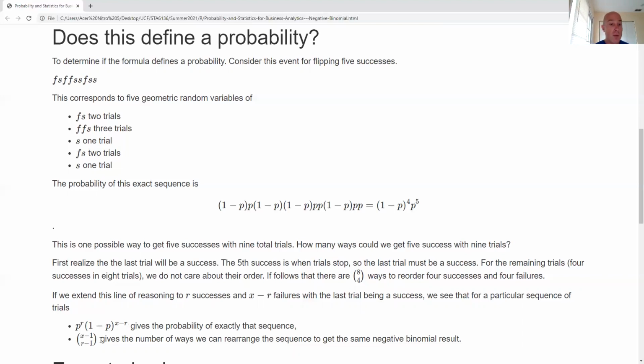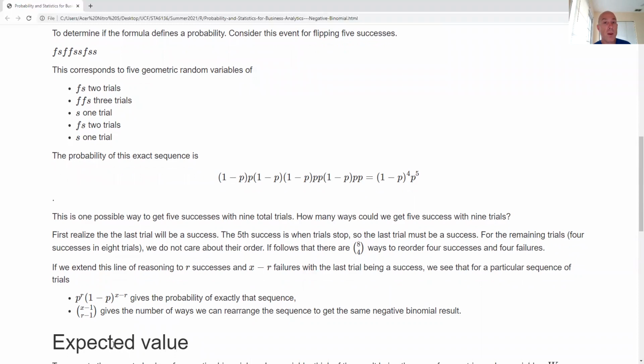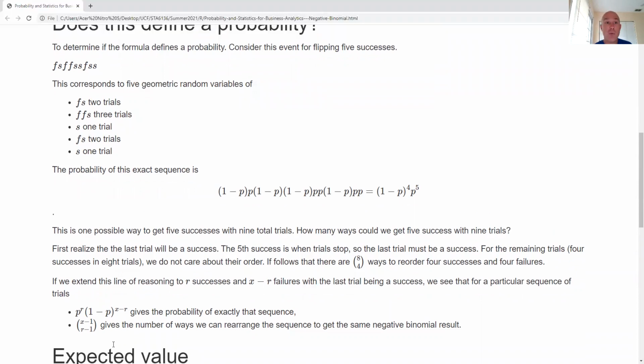So x minus 1 choose r minus 1 gives me all the possible ways that I can switch around all but the last flip of the sequence. And so that is how we get the formula.